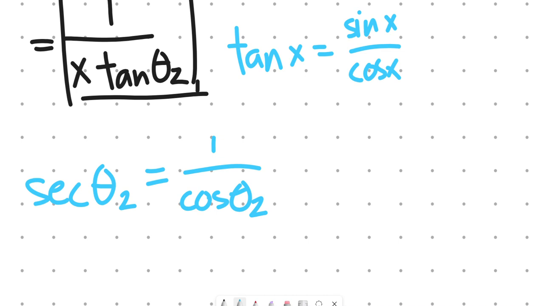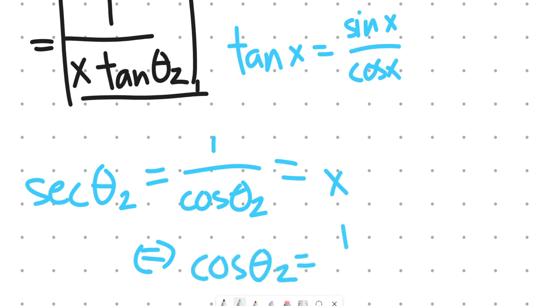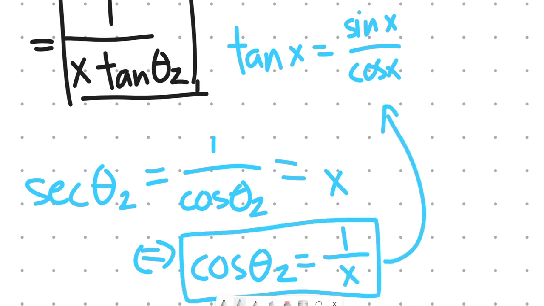Now secant of theta 2 was x. So if we swap, multiplying cosine of theta 2 on both sides and dividing by x on both sides, we get that cosine of theta 2 is 1 over x.